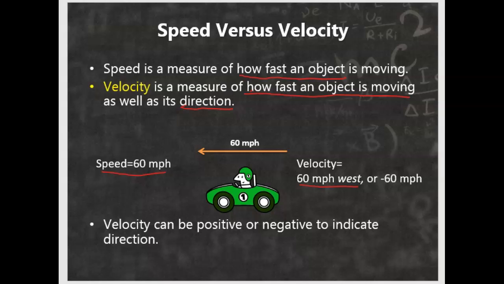Or if we're talking about one-dimensional motion, we could talk about one direction being negative and one direction being positive. So west would be negative, east could be positive. In this case, we describe that as negative 60 miles per hour. So velocities can be positive or negative as an indication of direction.